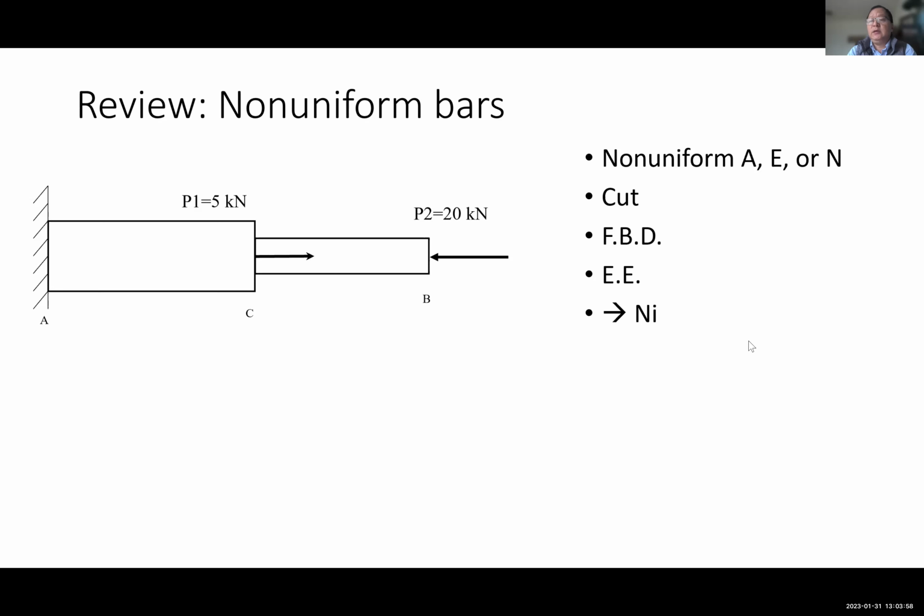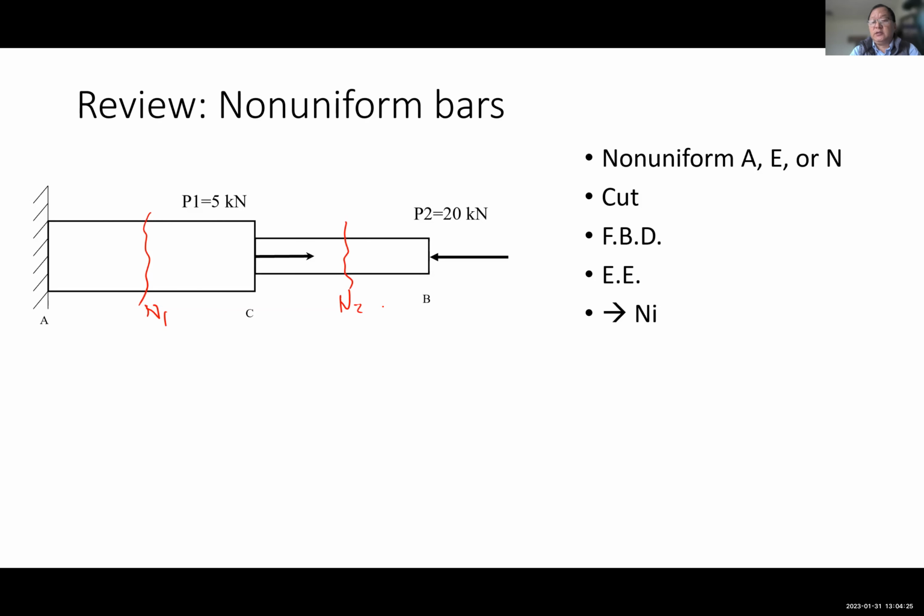Basically, the key step is to make a cut. For example, in this case, you cut in the first segment here, and then you also cut in the second segment. Then you draw the free body diagram and write the equation of equilibrium for all these free body diagrams.